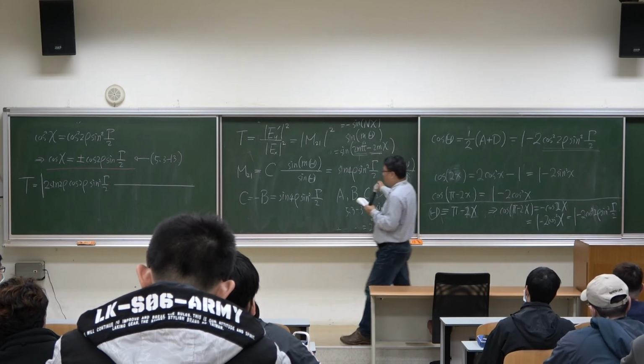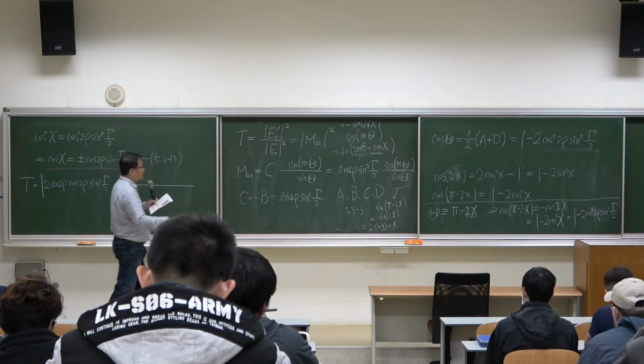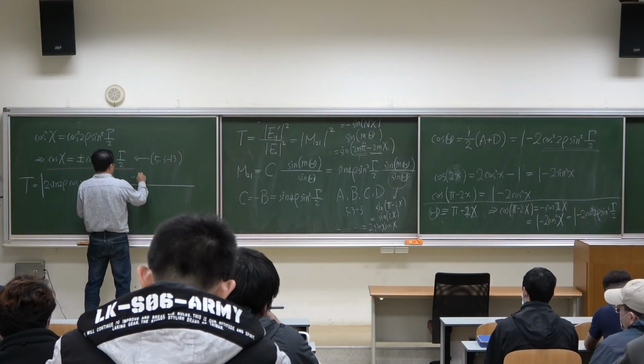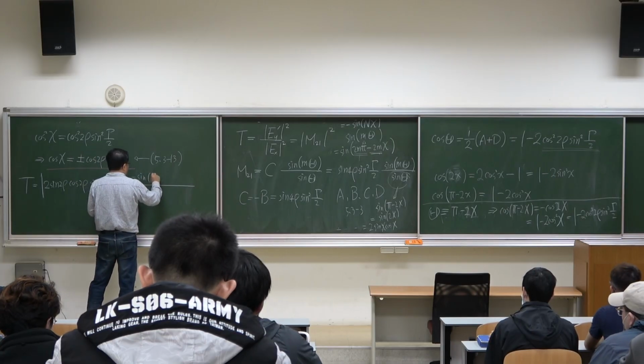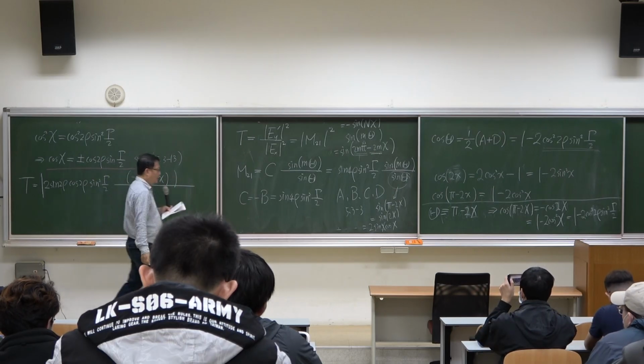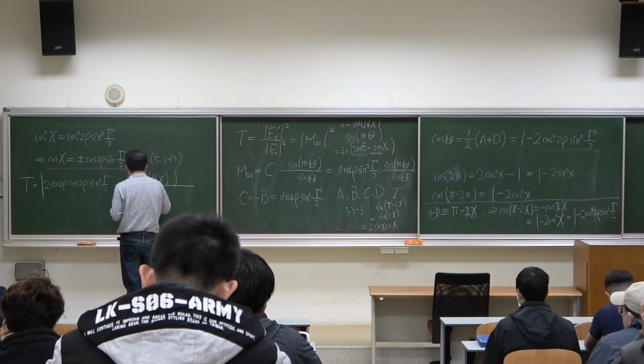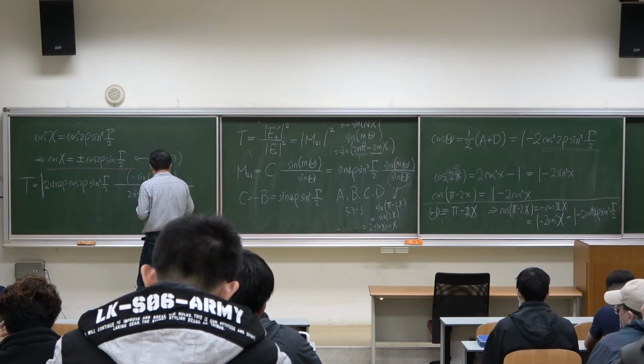So this result is minus sine n chi over 2 sine chi cosine chi.